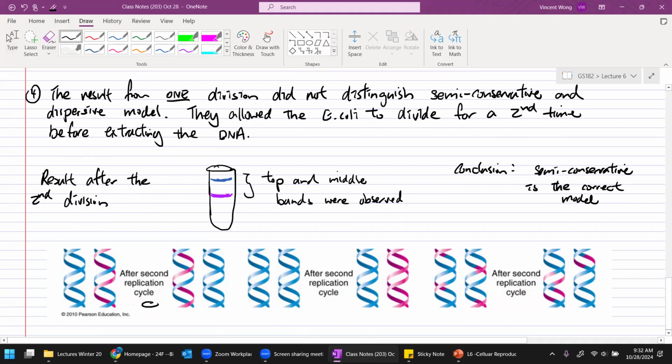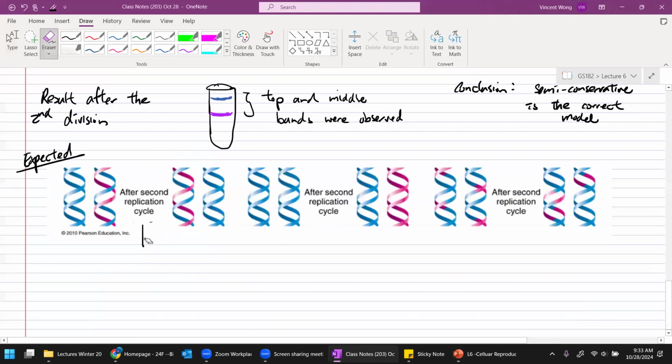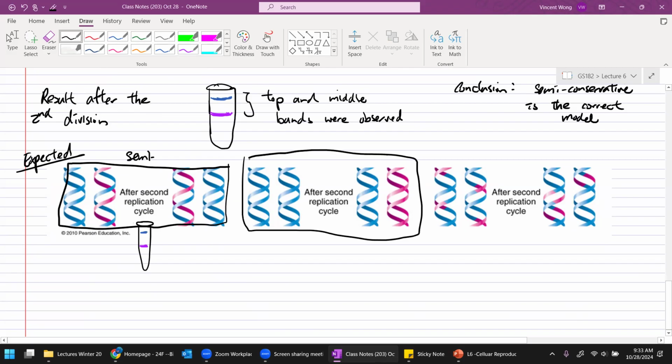So again, I'm just going to draw the expected result. That's semi-conservative: middle and top. And then this was already rejected, right?